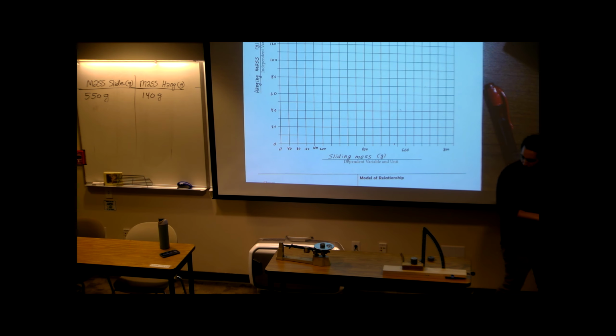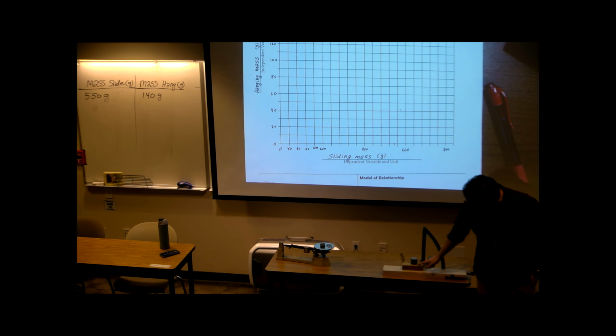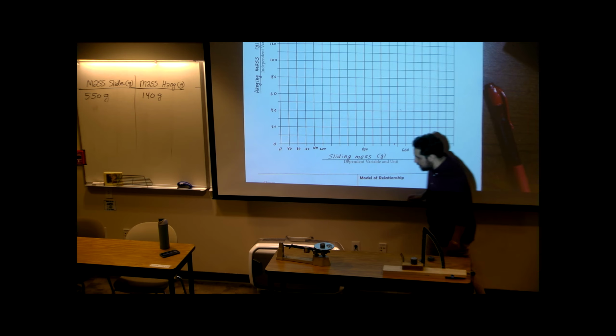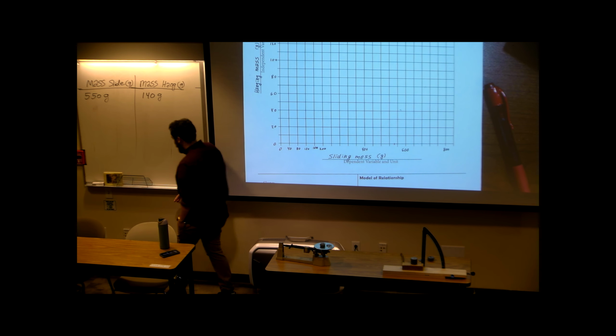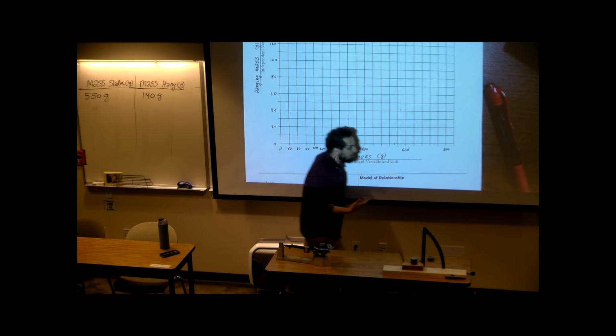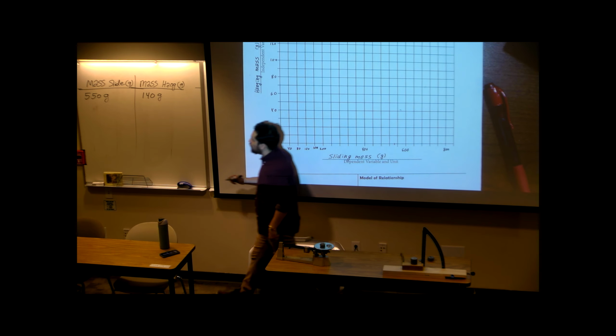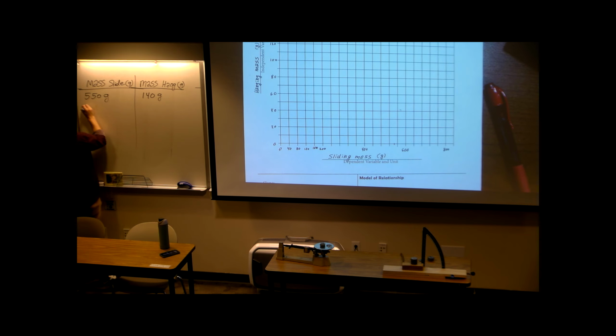So now we have a 150 gram block, and we have 550 grams added to that, giving us a total of 700 grams. So this next one we are looking at will have 700 grams of mass that is sliding.